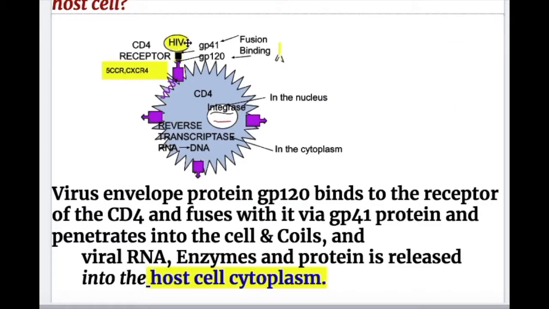So this is the HIV virus, and this is the GP120 protein which binds to the CD4 cell, and then the second protein GP41 on the HIV virus fuses with the CD4 cell, and then there occurs penetration into the cell and coiling of the virus. See this, I showed it in purple, penetration and coiling, and then the viral RNA, enzymes and protein are released into the cytoplasm of the CD4 cell.